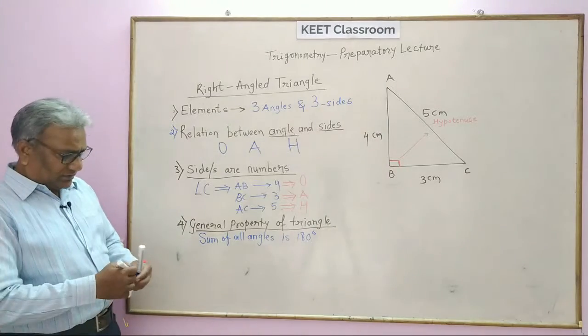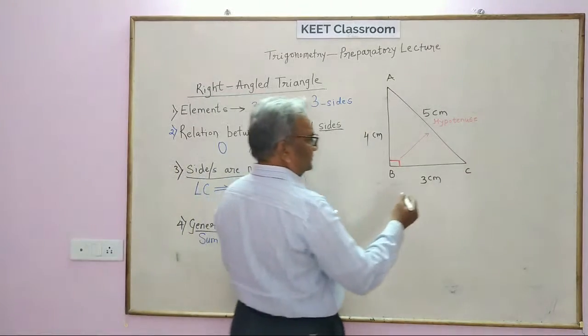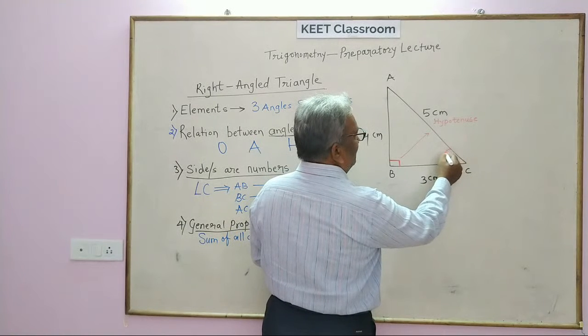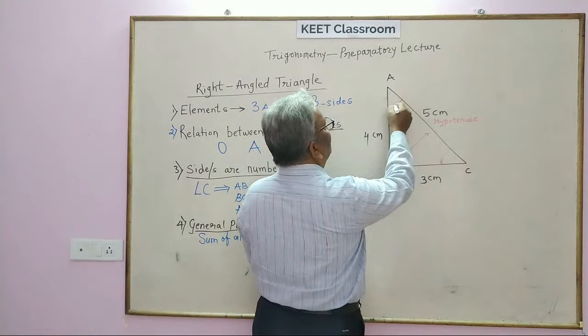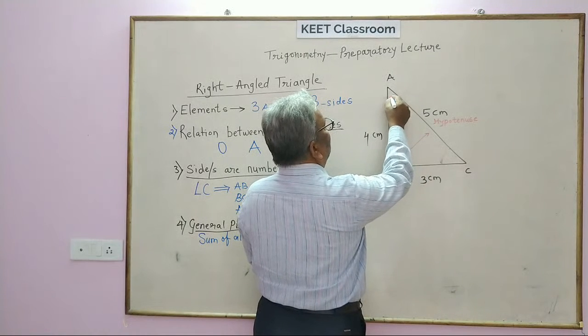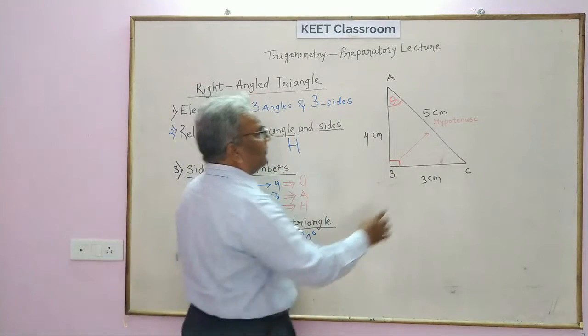Now suppose one of the angles, for example, let me go for A. For example, A is taken as theta. So what shall be the measure of angle C?